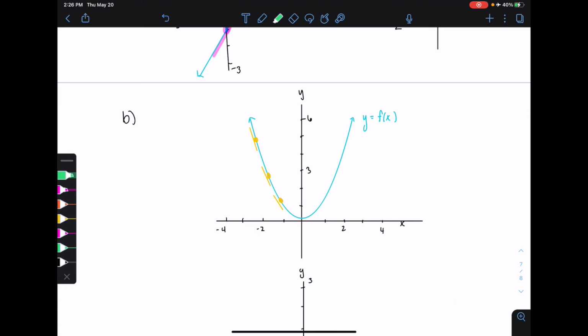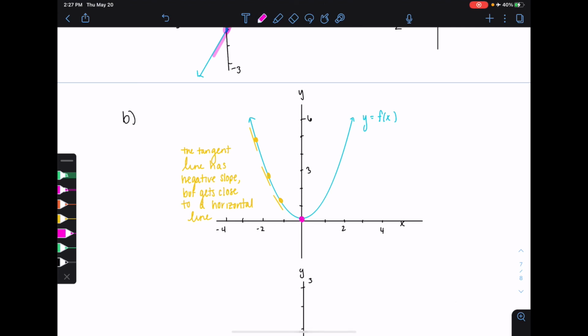But you can see the slope gets smaller and closer to 0. So it gets more horizontal. If I pick a point here, that slope is a lot less than its prior ones. So ultimately, the tangent line has negative slope, but it gets closer to a horizontal line as I get close to 0.